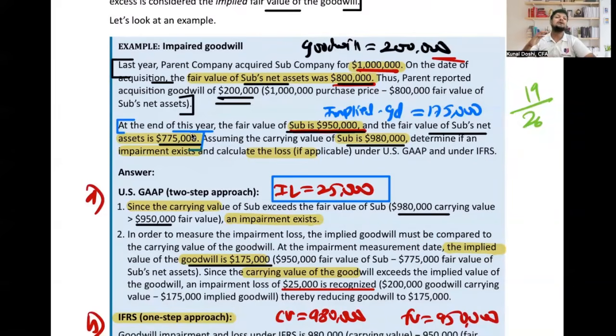And the second goodwill, the implied fair value, is what we calculate. What is the difference between normal fair value and implied fair value? Normal fair value, we use it when we are calculating goodwill, but that is when you acquire the company. But when you're testing for impairment on that day, the fair value is recalculated and the goodwill overall is recalculated. That is called my implied goodwill. Okay.